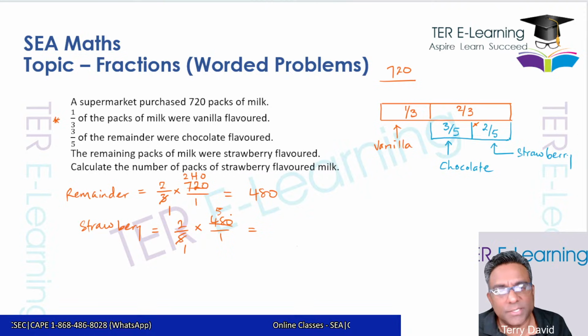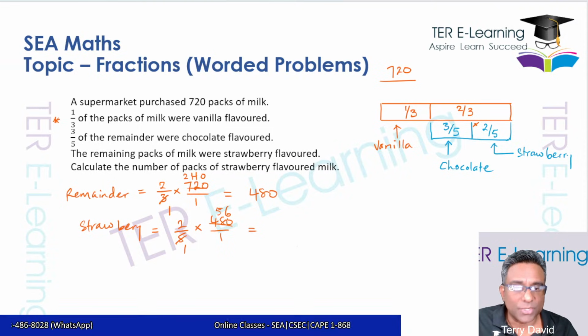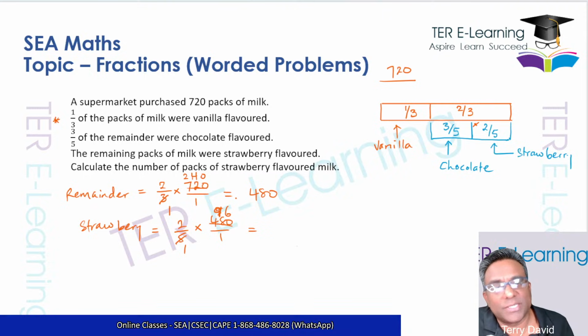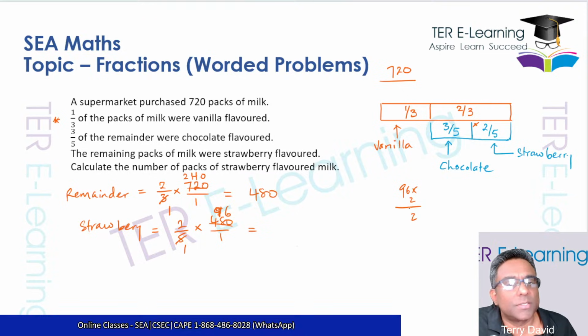So this will be 30. So 5 and a 30 will be 6. Sorry, this is 9 here, my bad. 9 5s are 45. So that's 96 by 2. So we just need to work out 96 by 2. 6 2s are 12. 9 2s are 18. So 192.